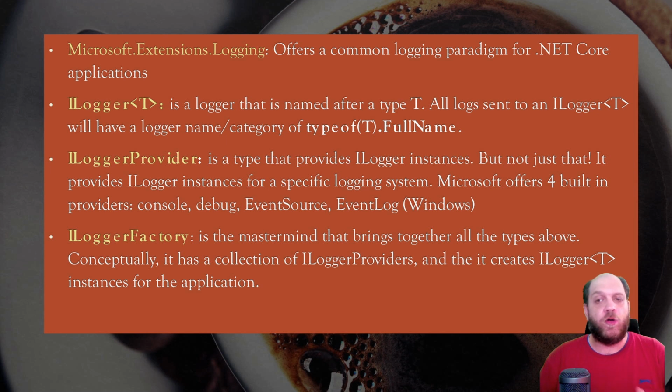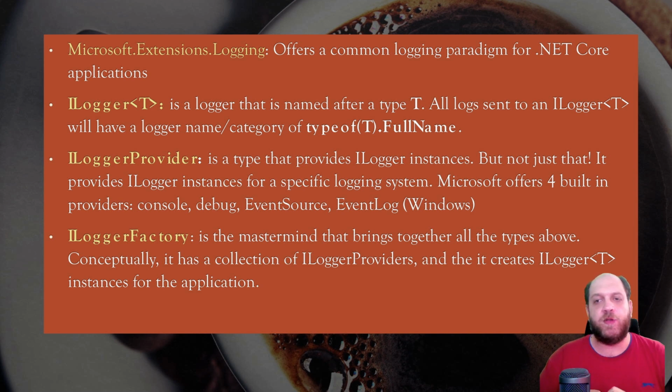So first of all, we have this interface ILogger of T that we have already used, so it's not really complicated. It's simply just a logger that is a named one and that provides actually a type T for it. And all logs that are sent to an ILogger of T will have then the logger name of that specific assembly and then of that specific class. So it will have actually the fully qualified name or the full name of it.